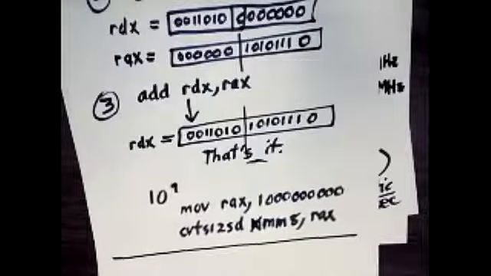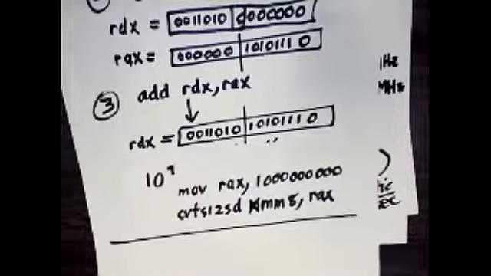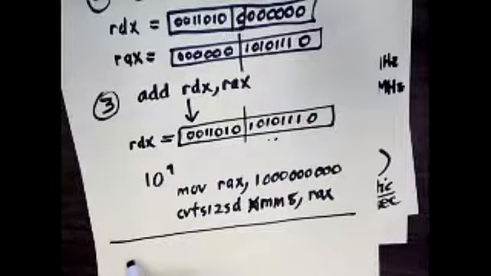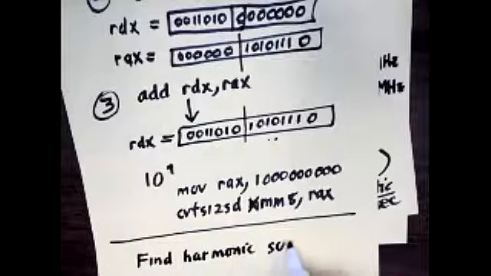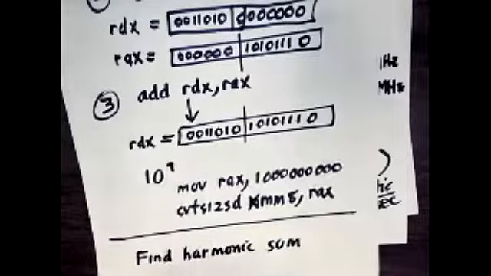Let's change subject here. We're still on program number 4. Program number 4 is named find harmonic sum. The harmonic part of it has somehow been interpreted to mean do something with reciprocals of other numbers.